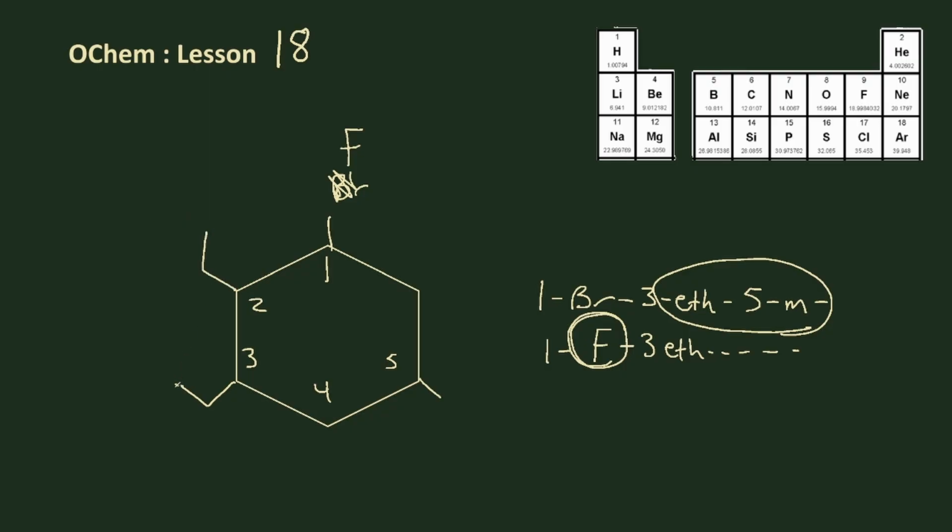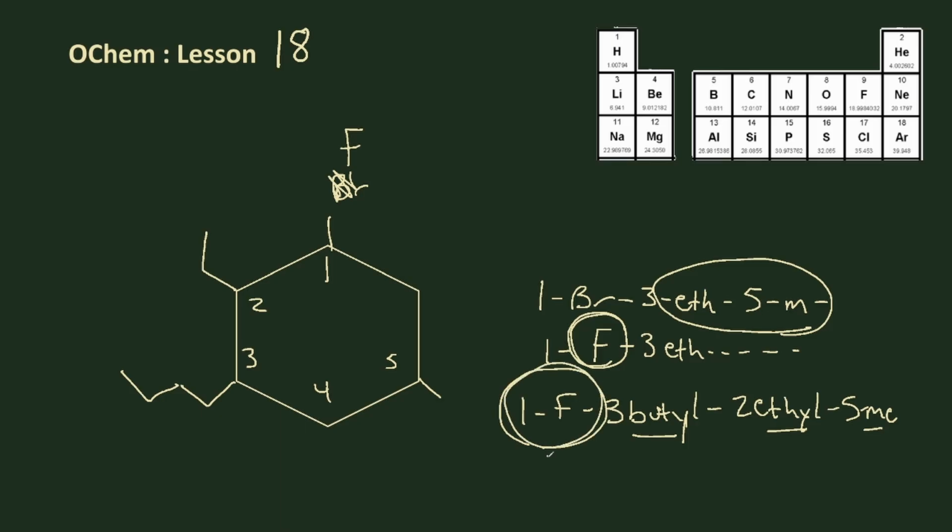I'll make this a butyl like this. You would write it as 1 fluoro, and then you would immediately say 3 butyl, then 2 ethyl, and then 5 methyl, and so forth. Because of the alphabetical order of these groups, once you're only to the alkyl attached groups, this always goes in front. The halide always goes in front.